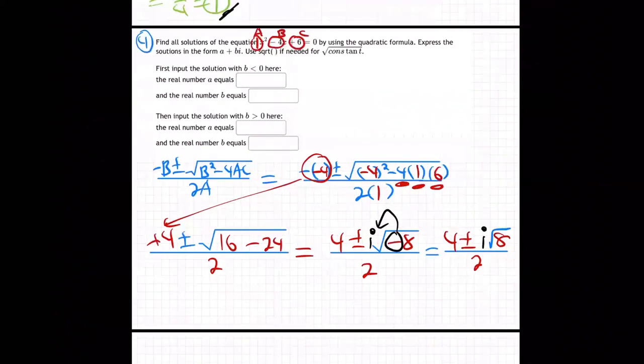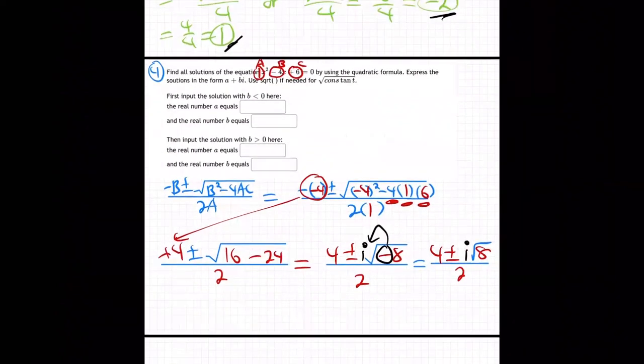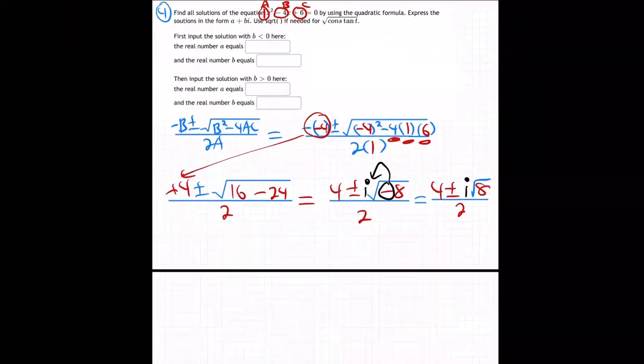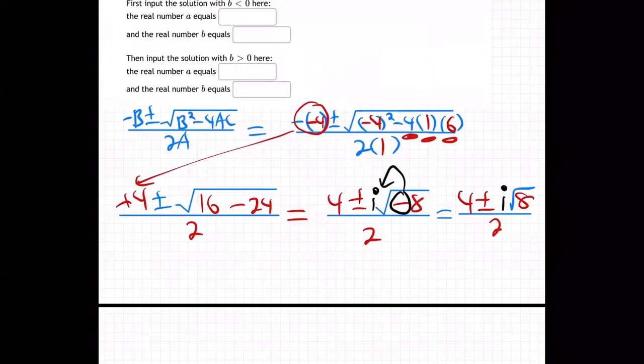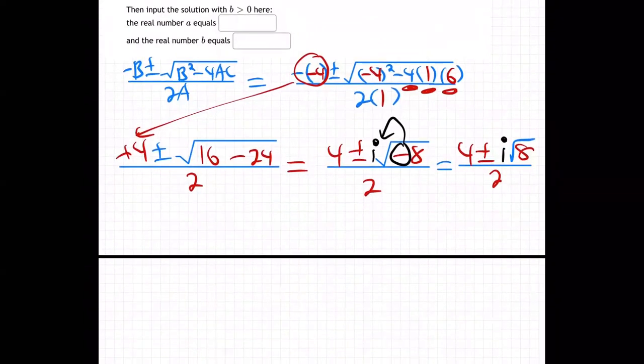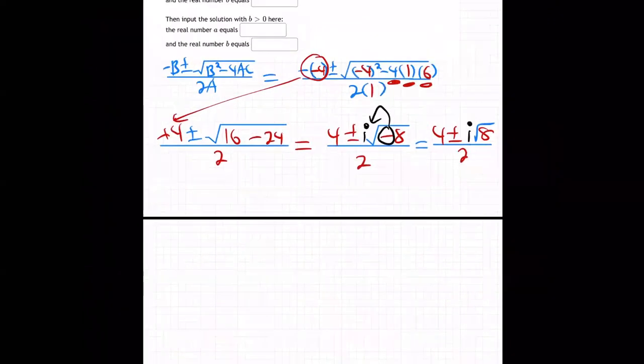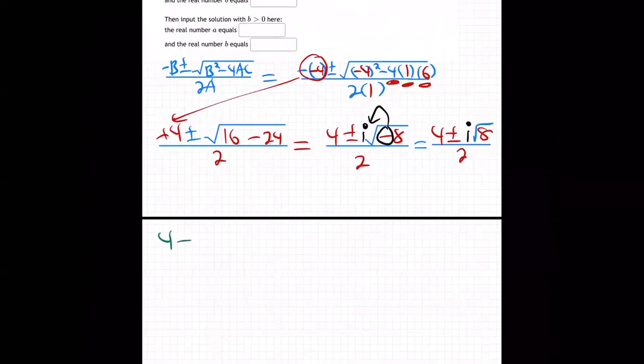Okay, so now we need to simplify it from here. How do we simplify it from here? Well, we break it into the two cases, right? So I'm going to say, okay, we're going to have 4 minus i square root of 8.